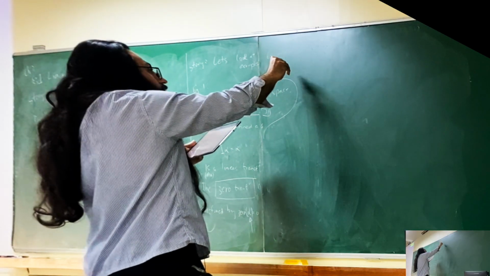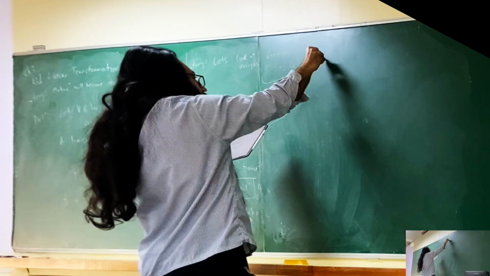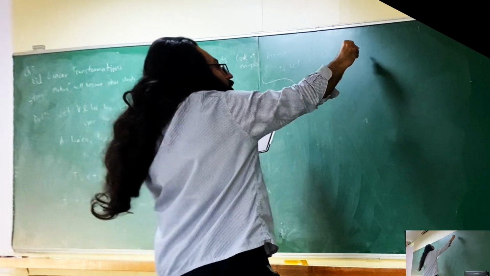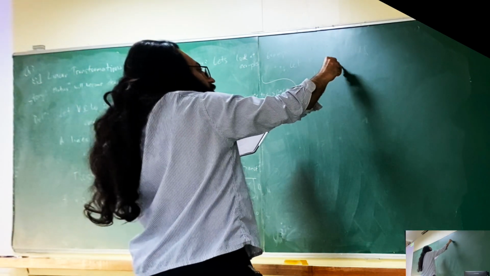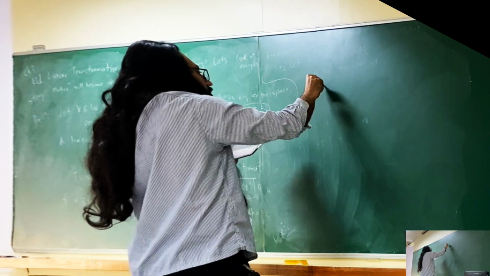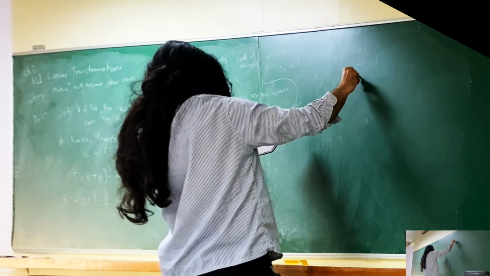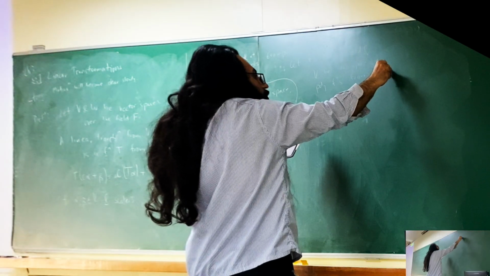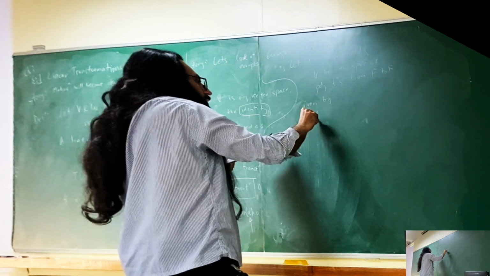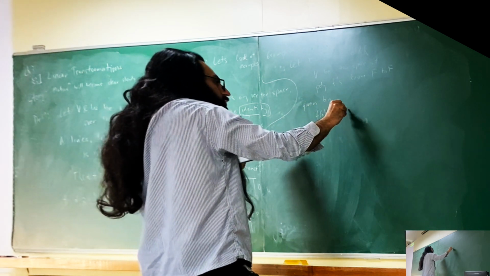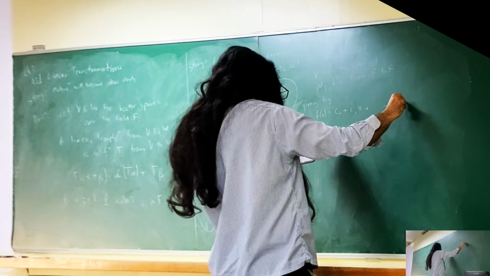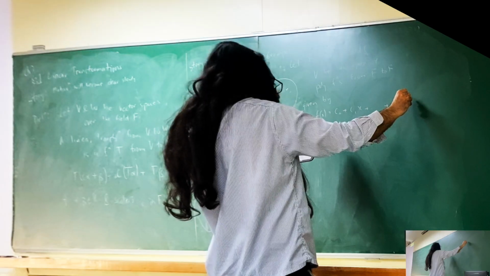Example 2 says the following: let capital F be a field, and B be the space of polynomials from F to F given by f of x equals c0 plus c1 x and so on.